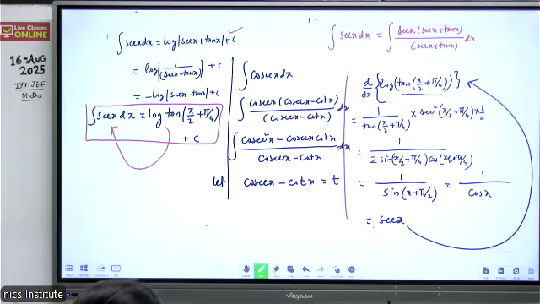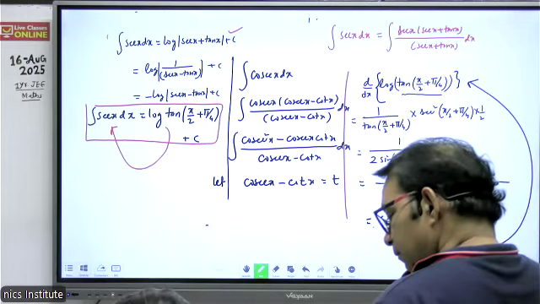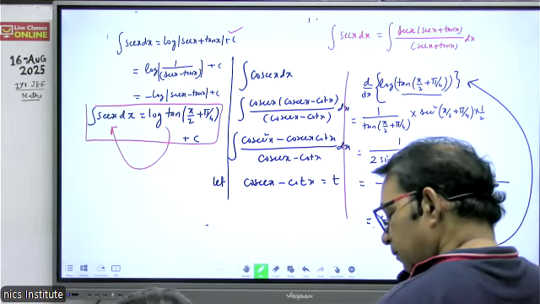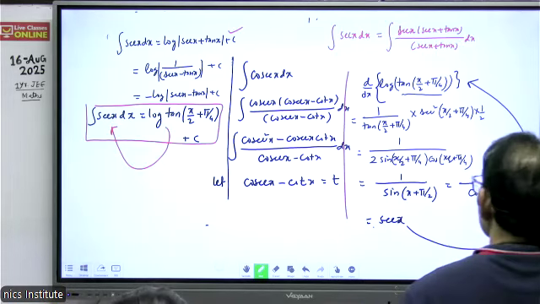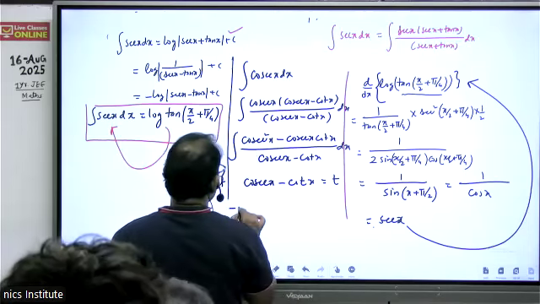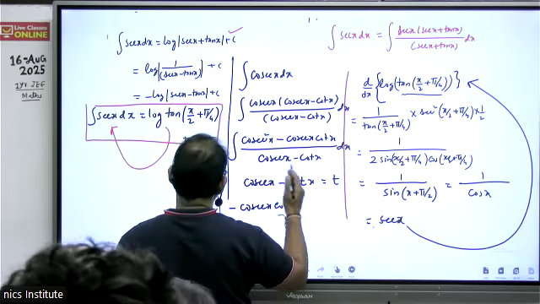Derivative of cosec x will be minus cosec x cot x. Derivative of cot would be minus cosec square.